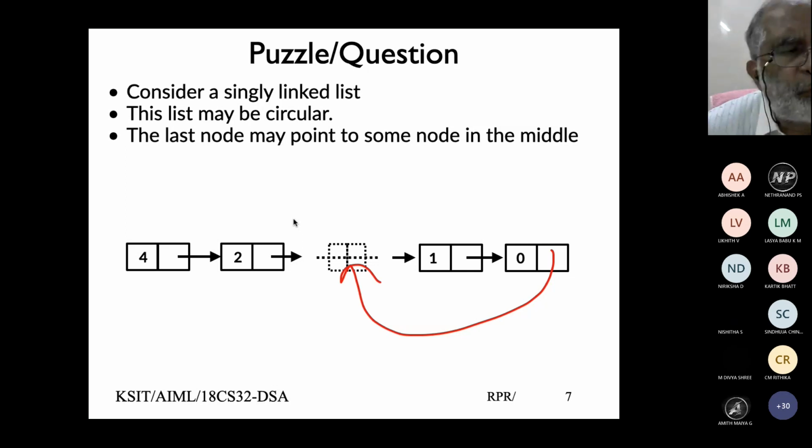How do we figure out whether the list is terminating or circular? Does anyone recollect how you implement it? I discussed the solution in quite a detail in the class.